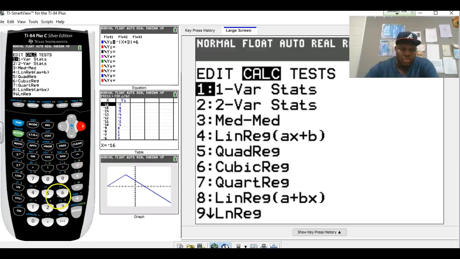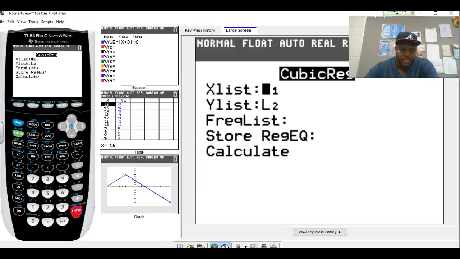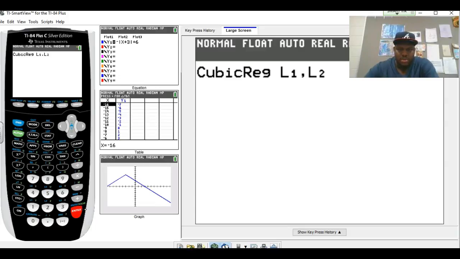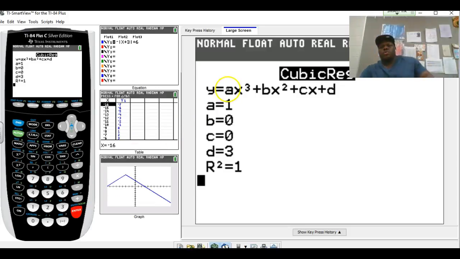So let me go back to cubic. And we're going to have our equation. So in our equation, A is 1, B is 0, C is 0, D is 3. So I'm going to end up with 1x cubed plus 3. Alright, so that's our equation.